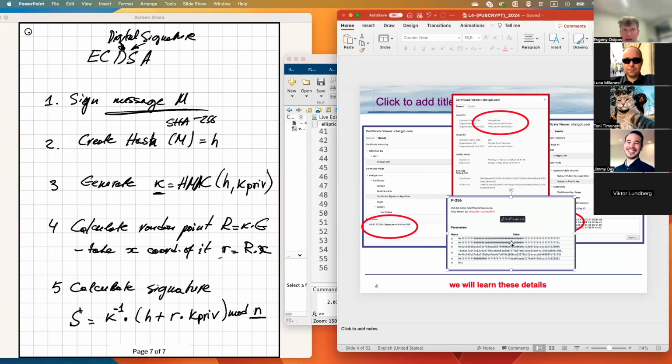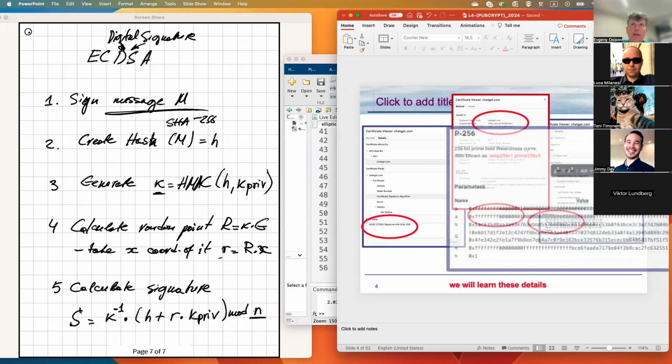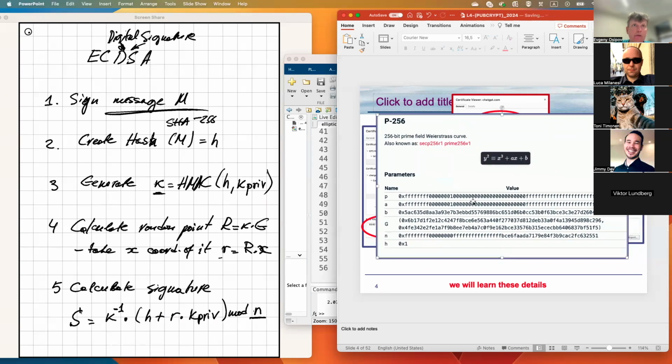This n is also part of the specification of the curve, so it is given to you.